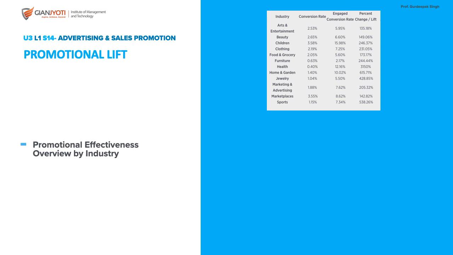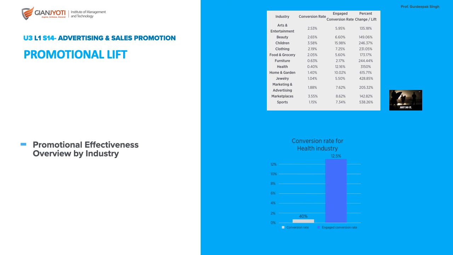Now, if you look at this chart, arts and entertainment, the percentage lift is 135%. If you look at health, it is 3,150. Can you believe that? And when you look at sports, it is 538.26, as we talked about Nike. So, who had this much lift with the promotion of this ad campaign that they ran at that point of time in the late 1980s.